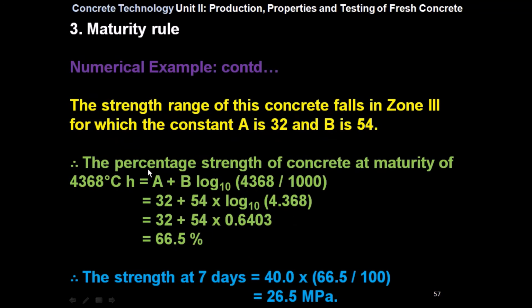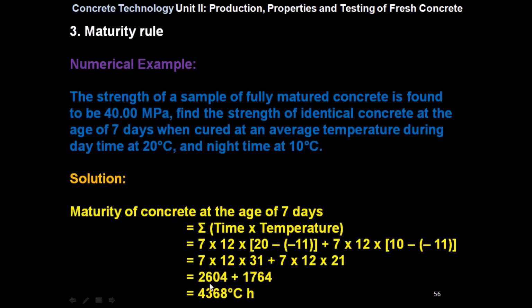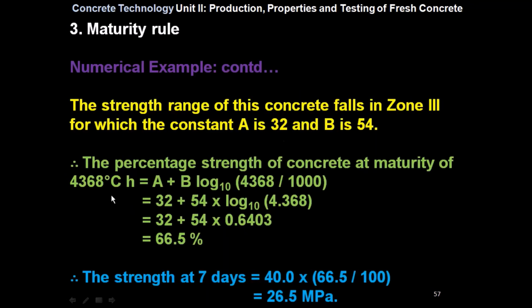The percentage strength of concrete at maturity of 4368 degrees Celsius hours, for 7 days, is equal to A plus B log to the base 10 of 4368 upon 1000. So A value is 32, B value is 54, and 4368 upon 1000 is 4.368.